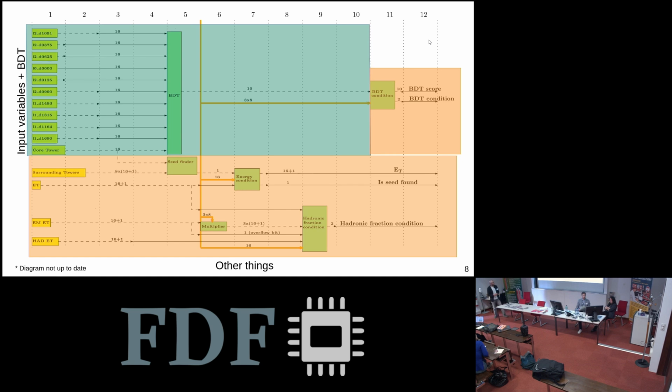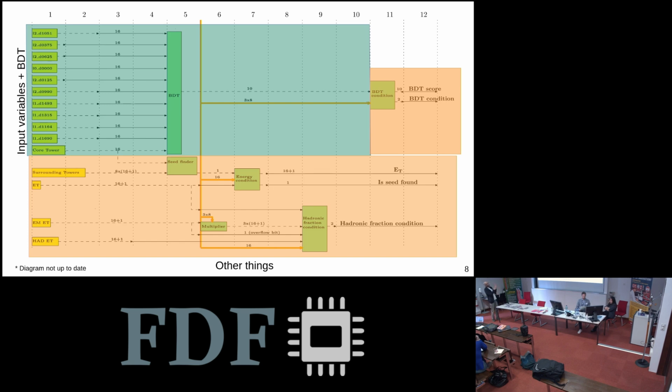To get more technical, this is the tau identification algorithm. Only a part of it is a BDT. The blue rectangle marks the BDT. It has input variables in the yellow boxes, and the BDT itself is the green box. On the top, by the way, are the clock cycles.